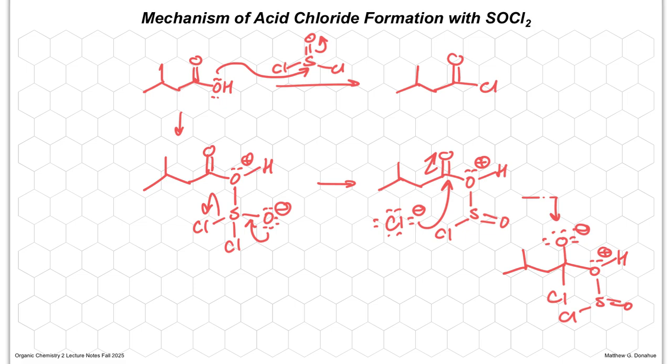And now this OH we started with, all of this stuff is now a good leaving group. So it will collapse to form the pi bond. We break that sigma bond. That forms an acid chloride.